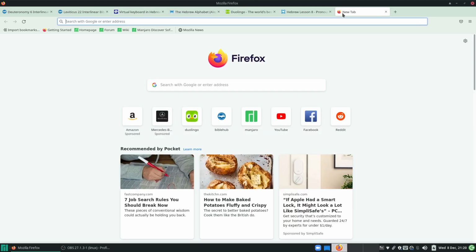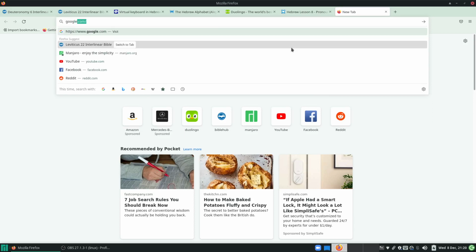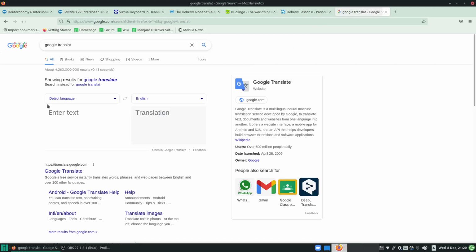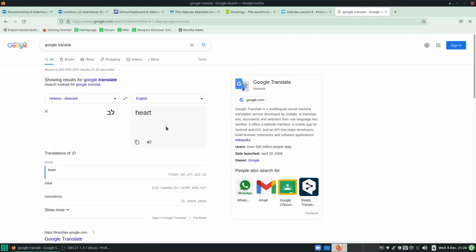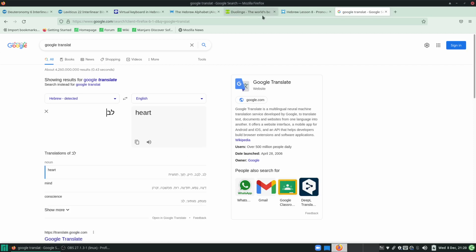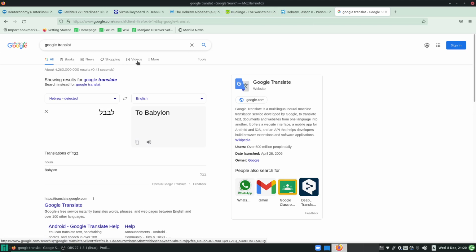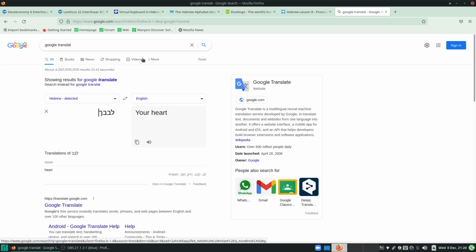Let's see, Google Translate, lev means heart, levav also means heart, but it's a slightly different spelling. But yeah, levavcha, it's your heart, you see, your heart.